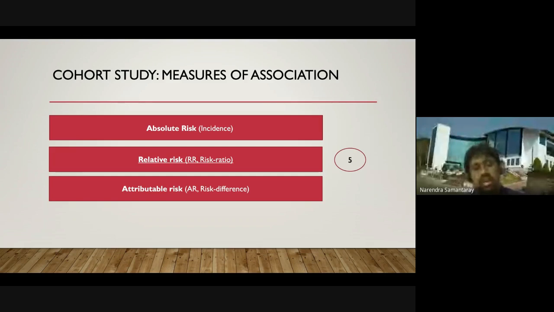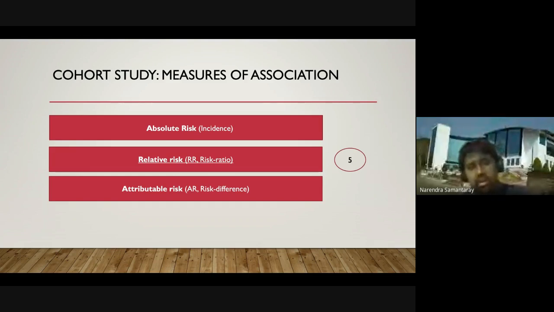Markers are those kinds of risk factors which indicate a certain probability of occurring a certain disease, where it is not a causal factor.